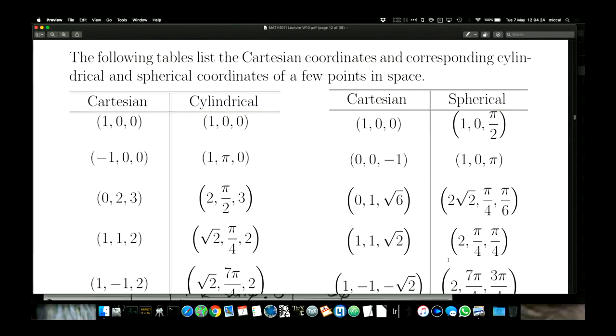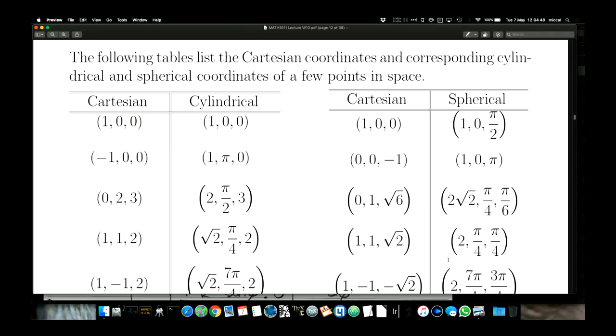And then another one which is spherical coordinates, which involves two angles. We use the order rho, theta, phi. Theta is like the polar angle. Rho is the distance from the origin, so that defines spheres. And phi is the angle measured from the positive z-axis going down, right?